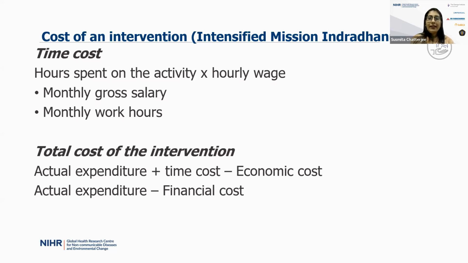Now, finally, your total cost. You got the actual expenditure. That was easy. If your objective is the financial cost, actual expenditure is good enough because you are not going to do the time cost. If you are interested in economic cost, you do actual expenditure plus the time cost.